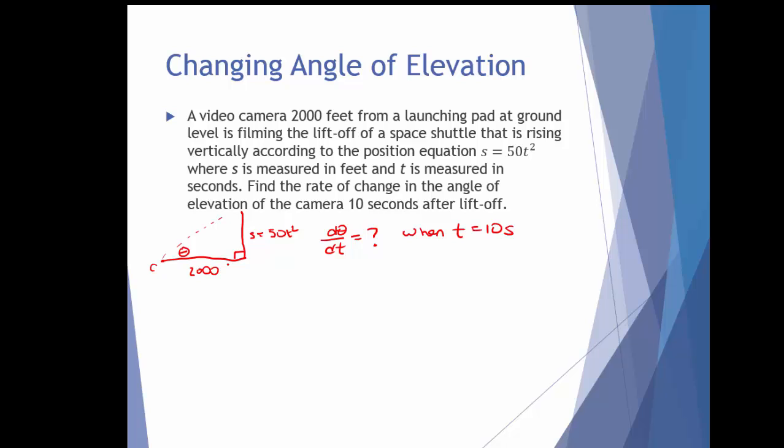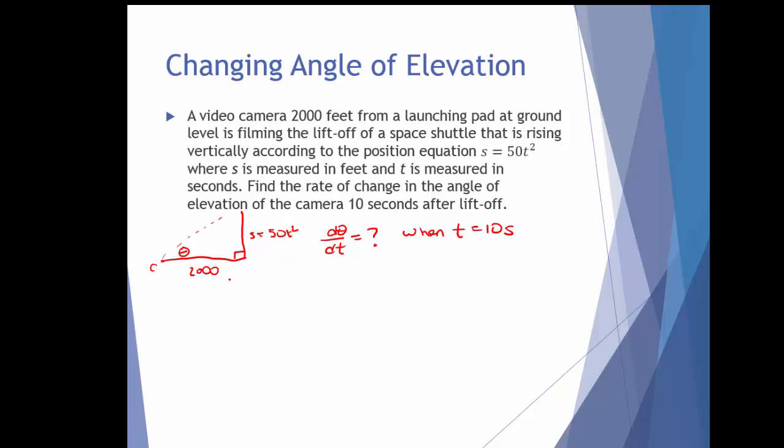And when you see an angle in a right triangle that you're trying to deal with, it's probably going to be some kind of trig function that you're going to have to use. Because trigonometry is what relates the angles to the sides of a right triangle. So what I see is an angle here, and the two sides that I want to talk about are opposite that angle and adjacent to that angle. That lends itself to using the tangent function.